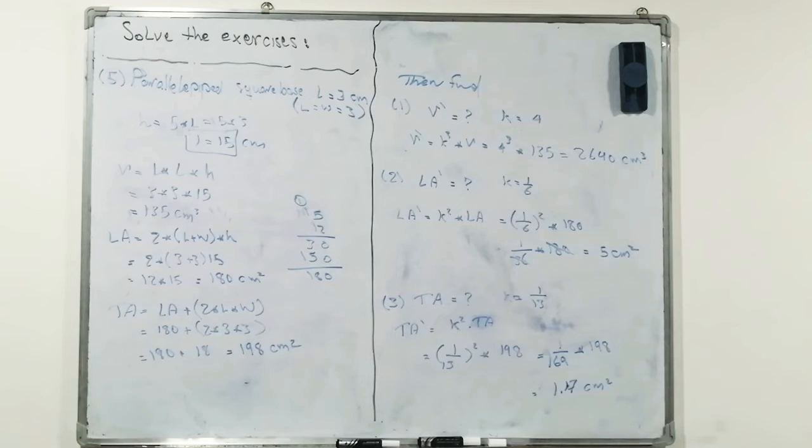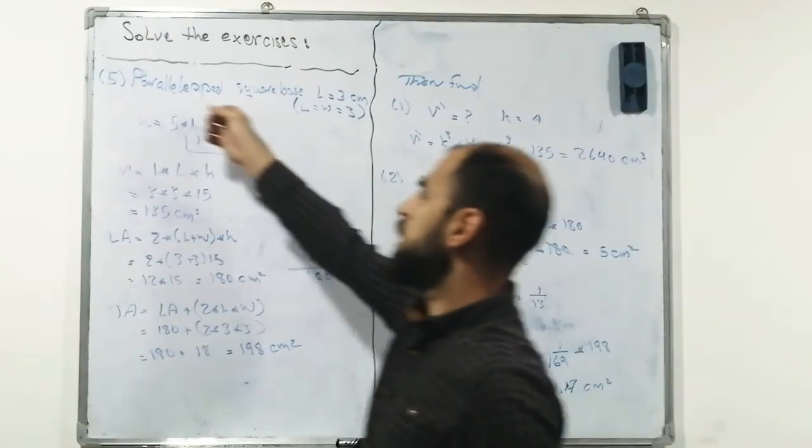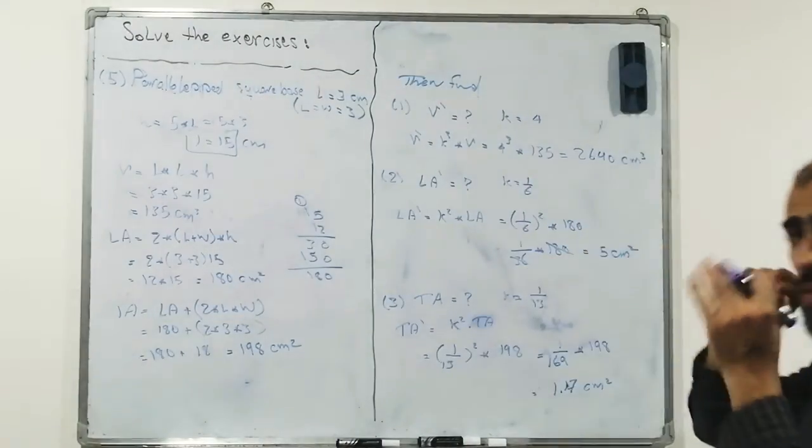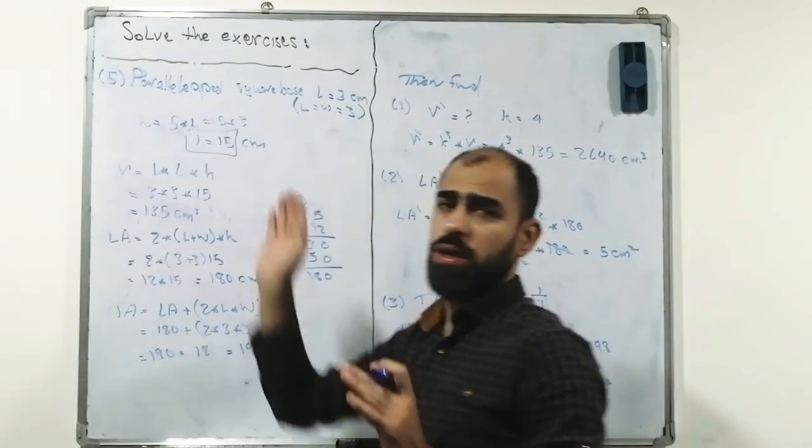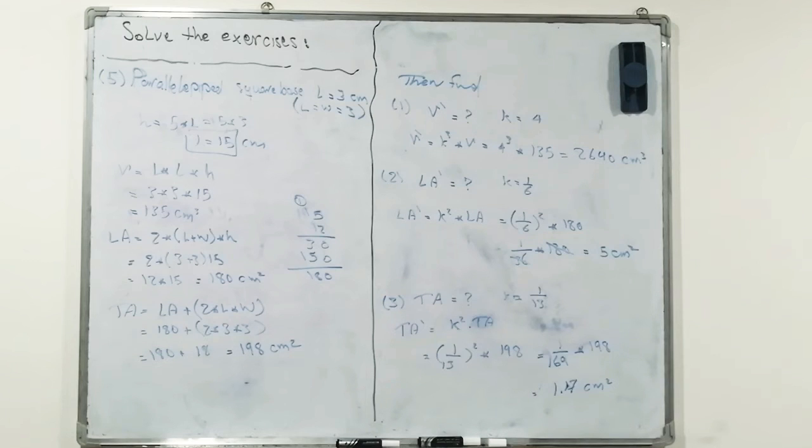Question number 6 will be solved exactly the same way, but instead of a parallelepiped we have a cube. We find its volume, its lateral area and its total area, then we find its volume under dilation coefficient 1 over 4, its lateral area after dilation 5, and its total area after dilation coefficient 5 over 9.